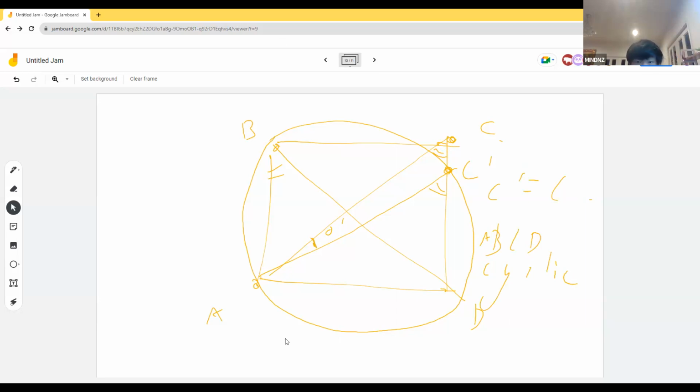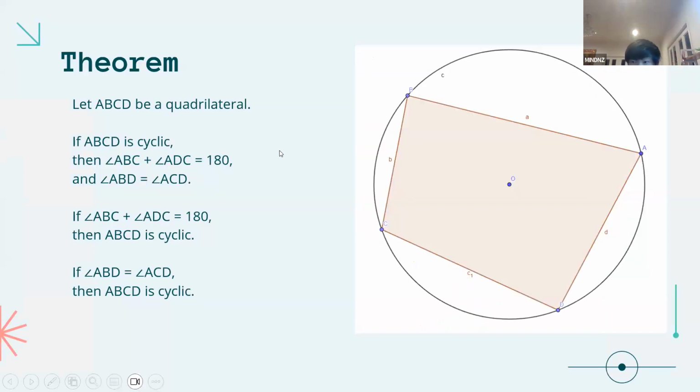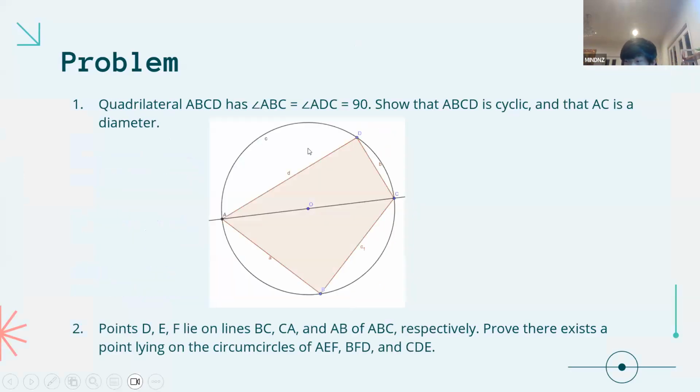Okay, we'll go back to PowerPoint. Here are two problems to try. By the way, cyclic is extremely useful in maths competitions because often problems don't even have circles, right? For example, these two problems have circles in them, but normally you just find your own circles, because cyclic quadrilaterals have quite a lot of useful properties.